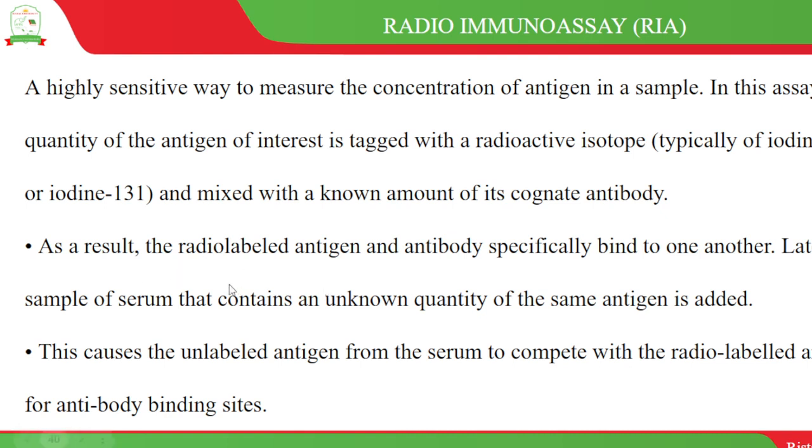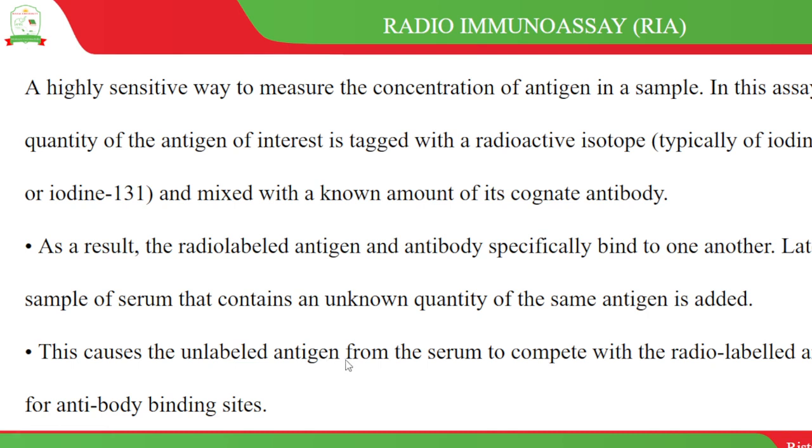As a result, the radiolabeled antigen and the antibody that is specific to this antigen will bind to each other. Later, a sample of serum that contains an unknown quantity of the same antigen is added.